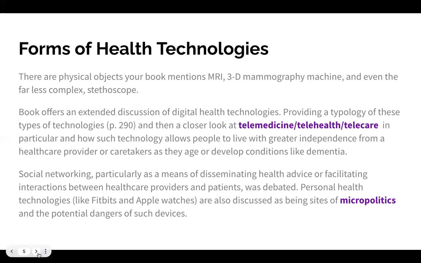This is basically technology that allows people to have a greater independence from healthcare providers and caretakers, because instead of having to physically check in with them and have face-to-face visits or consultations, telemedicine, telehealth allows people to have these consultations and even receive diagnoses, in some cases a delivery of a diagnosis remotely via digital technology.